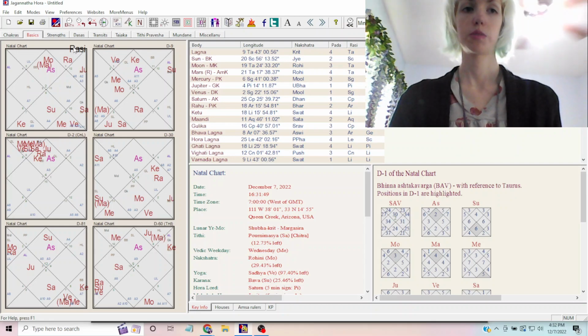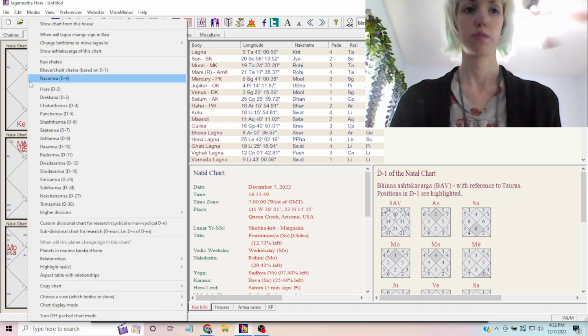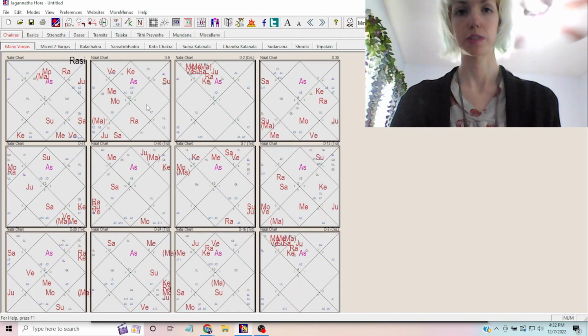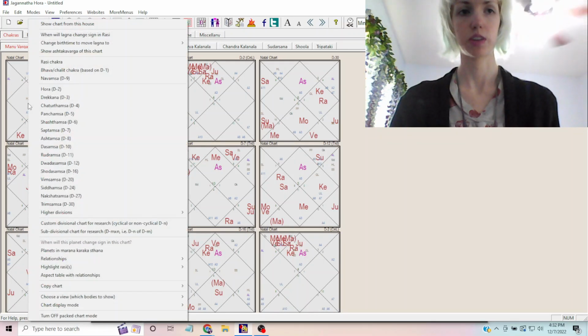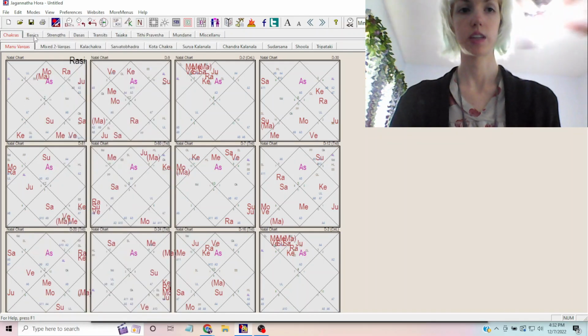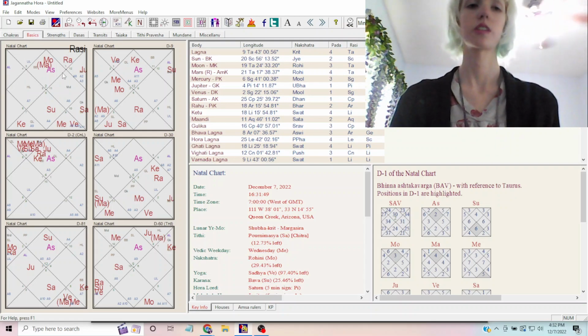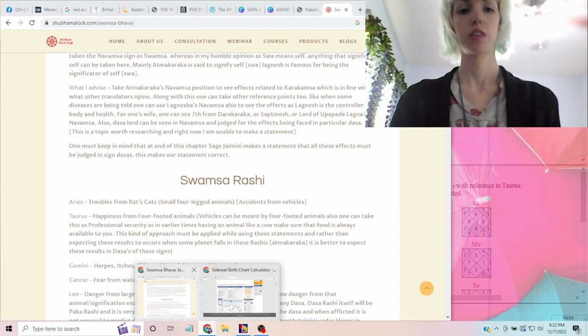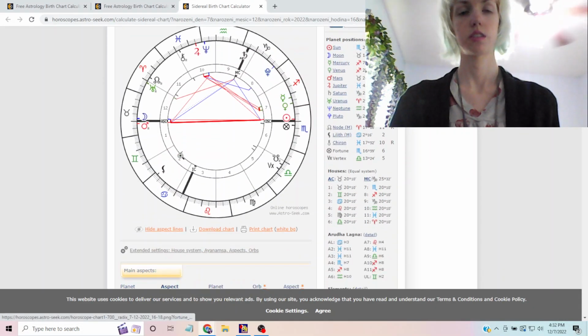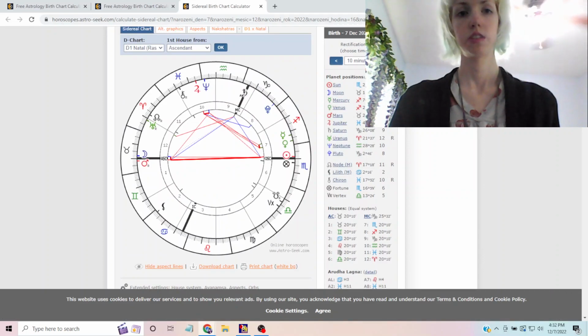See right here where it says Rashi, this is all we're really focusing on. There's tons of different charts we can look at, but we're just looking at this one on the side called a Rashi chart. This is just the D1, the basic natal chart. It is the same thing as this, it just looks different.